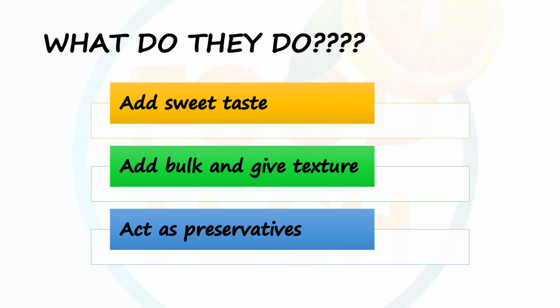So what do the sugars do? The basic thing is they add sweet taste, and they give bulk and texture to the food commodity, and also they act as preservatives.